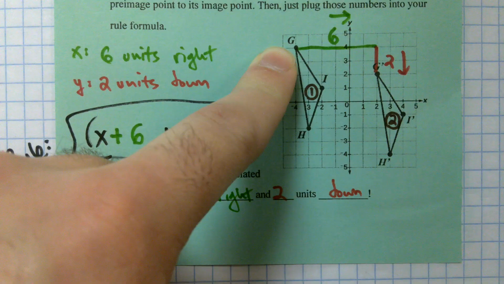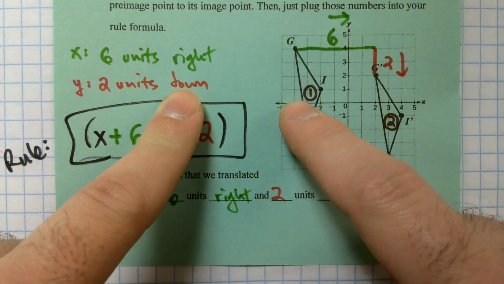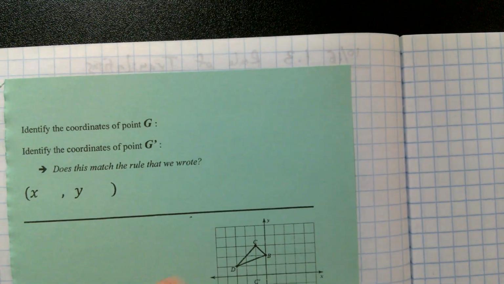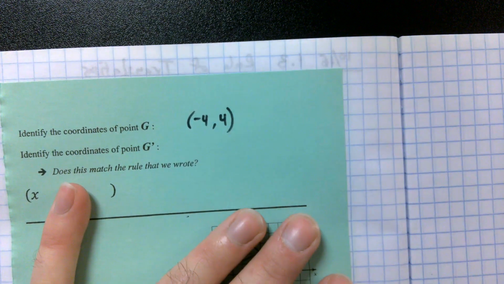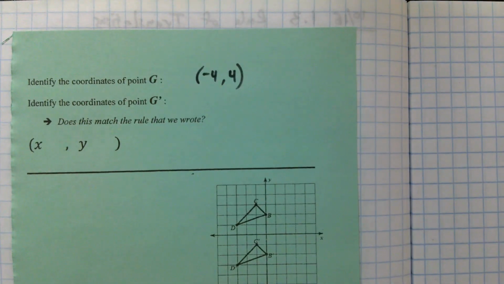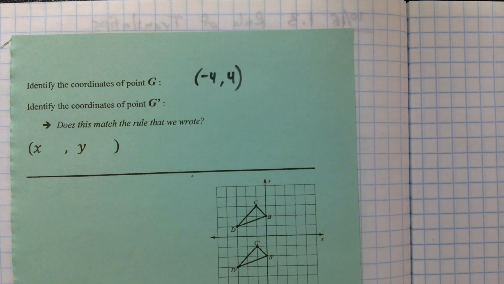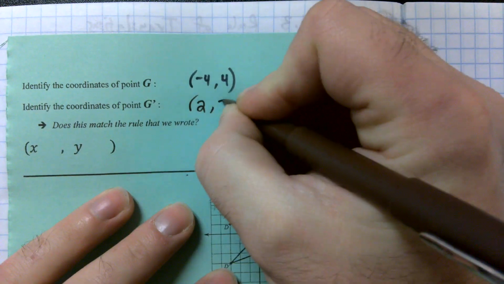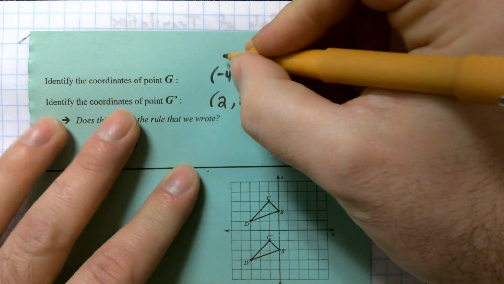Close. -4, comma 4. -4 on the X, +4 on the Y. So G is at -4, comma 4. Who could help me with what my coordinates are for G prime? Xavier? 2, comma 2.